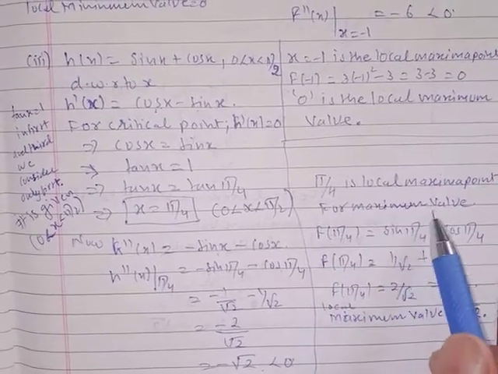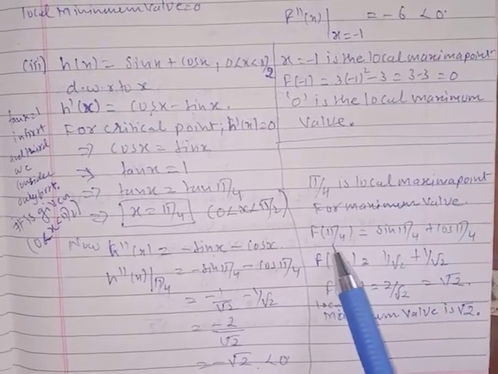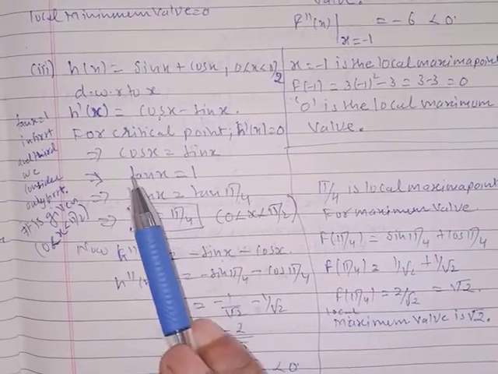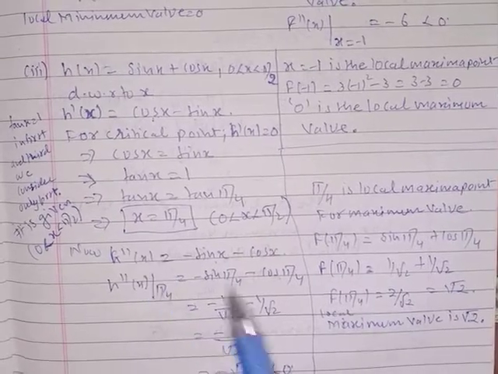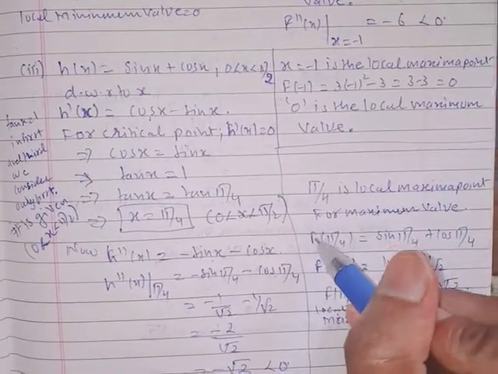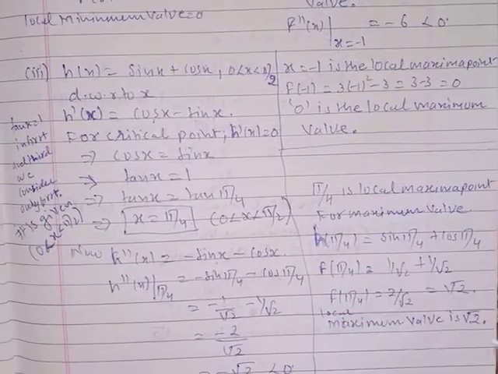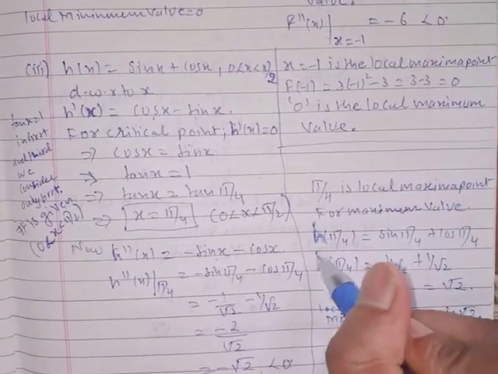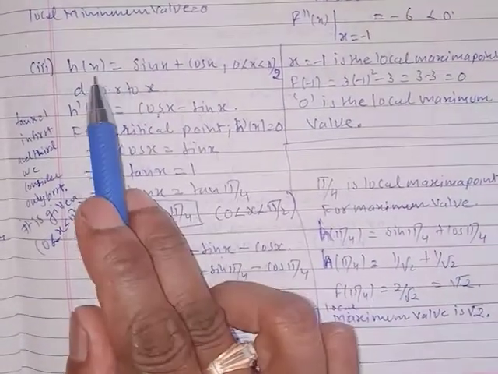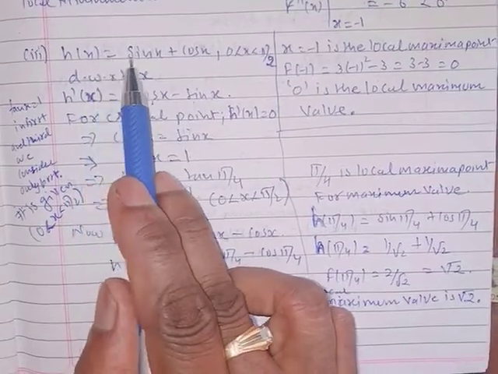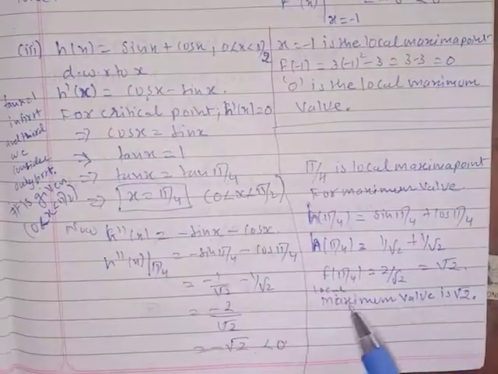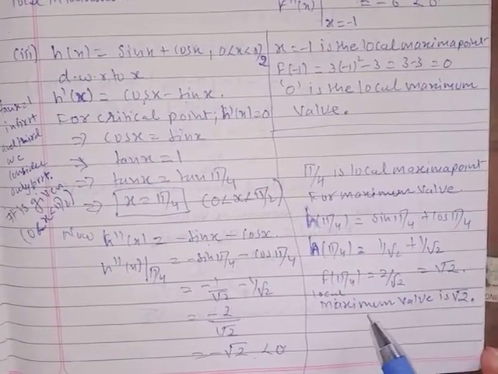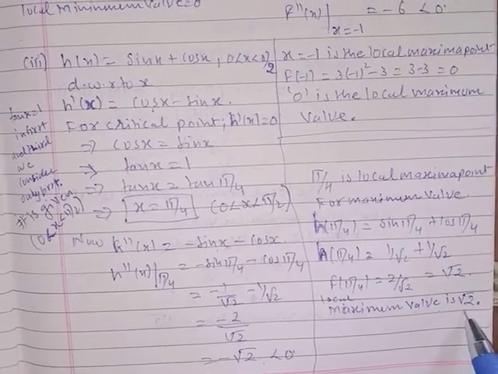For finding the maximum value, you have to substitute in h. So h of pi by 4 is sin pi by 4 plus cos pi by 4, which is 1 by root 2 plus 1 by root 2, so it is root 2. So the local maximum value is root 2.